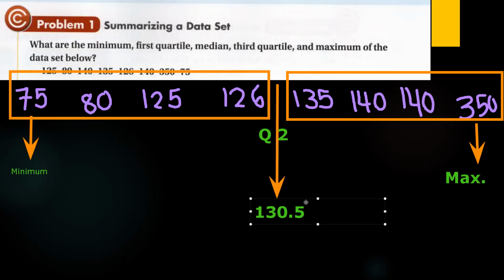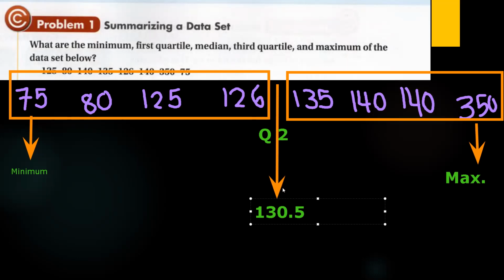Okay. Here, what do you have? You have an even number of data. There's a rule. If you have an even number of data and you want to find Q1, Q2, and Q3, when you find Q2, it's very easy. It's not 126 and it's not 135.